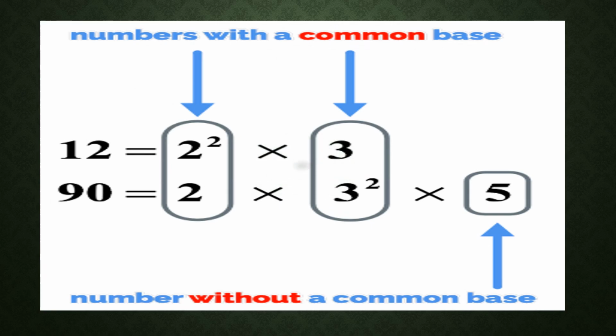Now is the time to choose the numbers that we are going to multiply to get the LCM. First, between 2 and 2 square, we will select 2 square because it has higher power than 2. Secondly, between 3 and 3 square, we choose 3 square because it has higher power than 3. Finally, since the base 5 is by itself and we have nothing to compare it with, we will automatically select it to be included in the group.